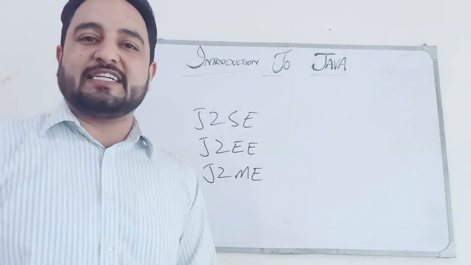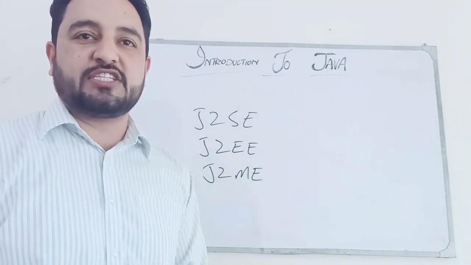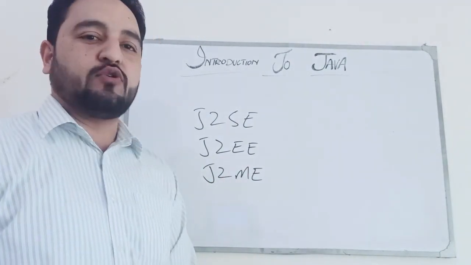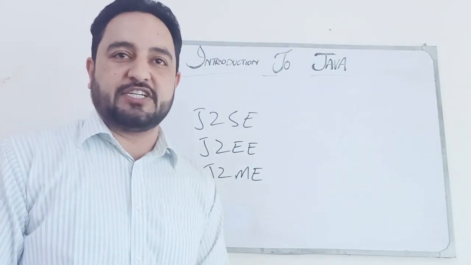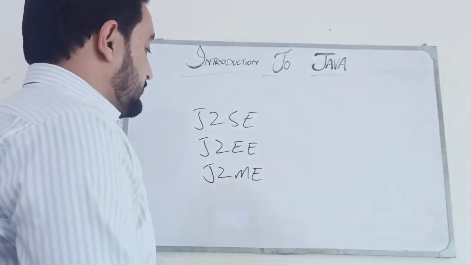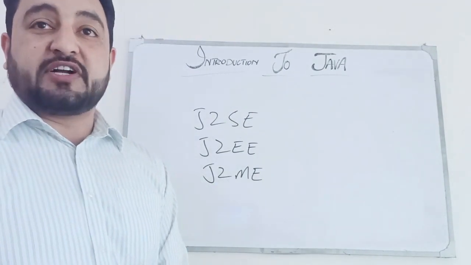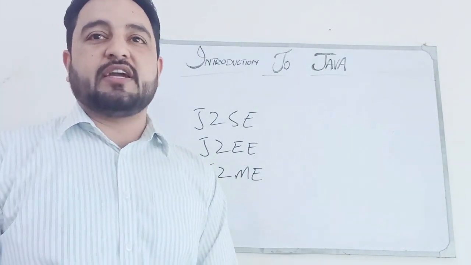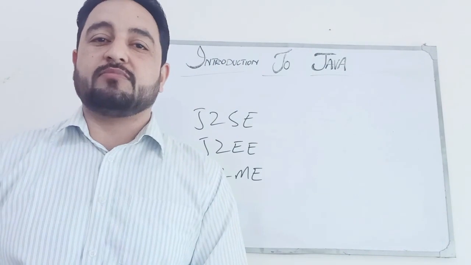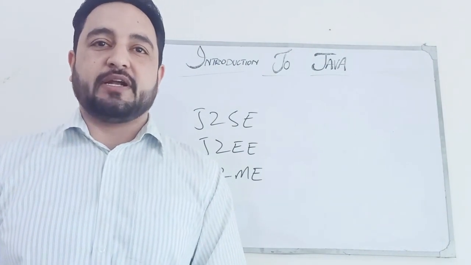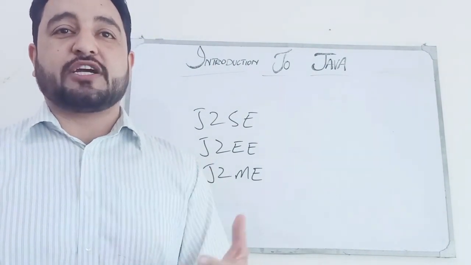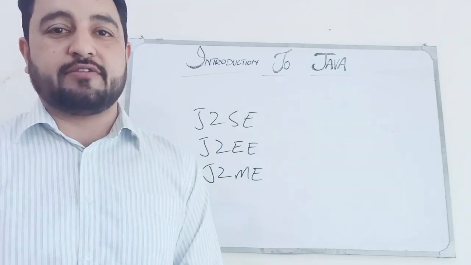Java 2 Enterprise Edition is used for server-side applications, and Java 2 Micro Edition is used for mobile-side applications. Why should we learn Java? Because Java is simple, dynamic, interpreted, portable, high performance, multi-threaded, platform independent, architecture neutral, object oriented, distributed, secure, and robust.